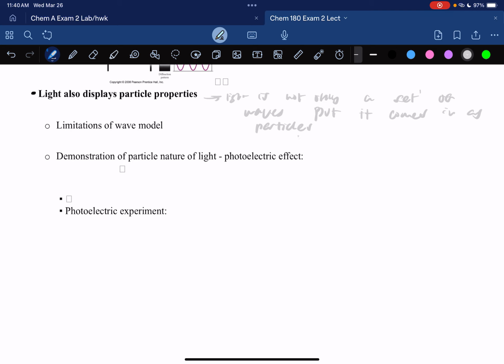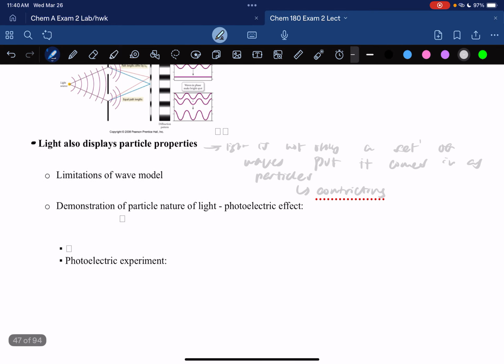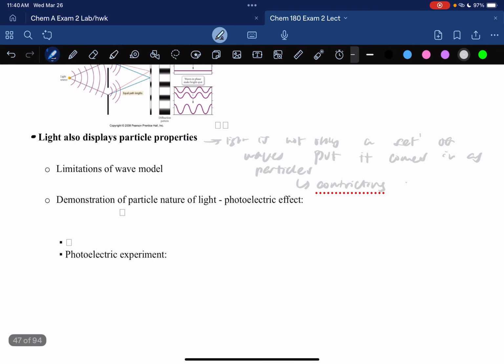While a particle doesn't have diffraction. You know what I mean? So when I said earlier that particles do not diffract, but then I'm telling you that light could diffract, it seems like it should be able to diffract if you look at it as a particle.